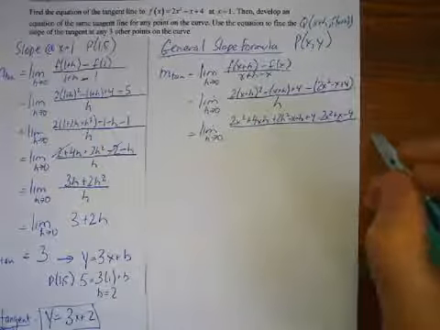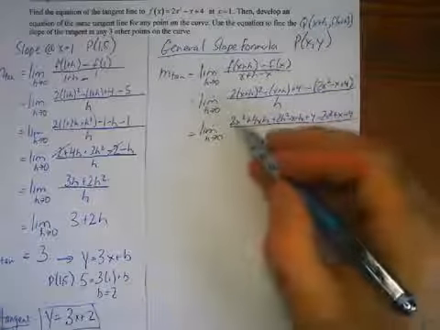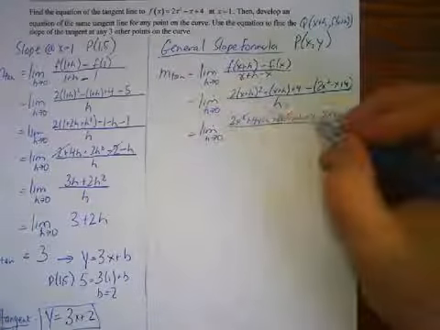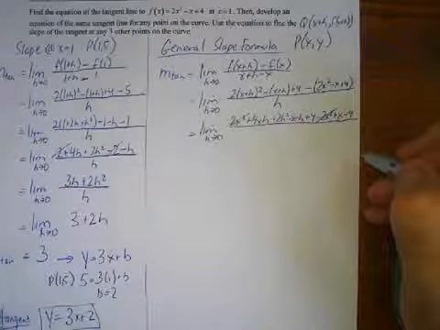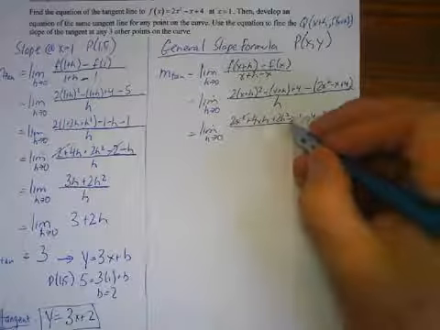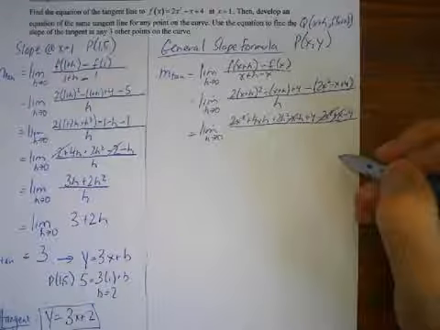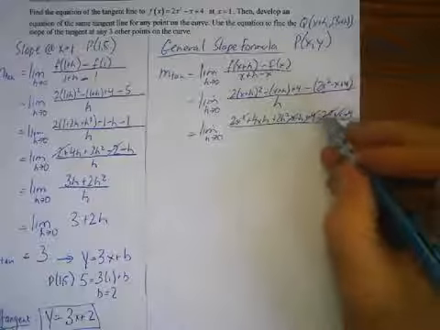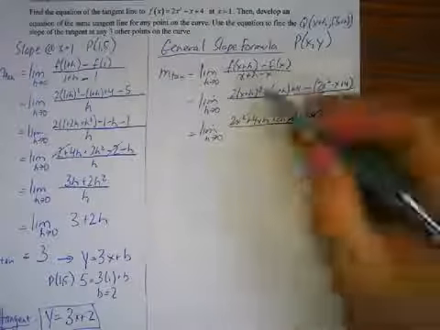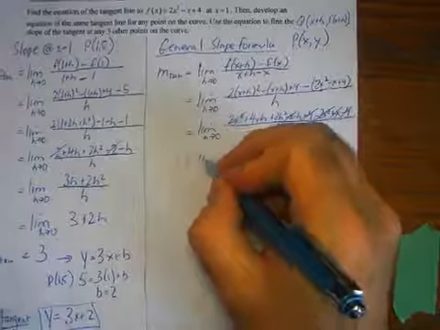You can see I've got 2x squared minus 2x squared. They cancel out. I've got minus x plus x. They cancel out. And I get a plus 4 minus 4. So everything over here just canceled with something that was already there, and still all over h. So what do I have left?